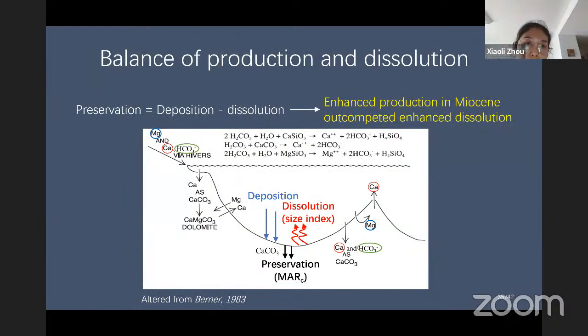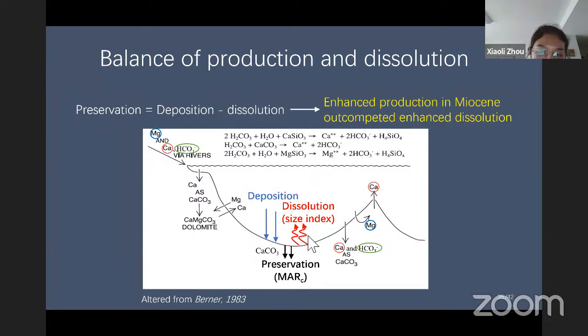Okay, so let's put them together. I have shown you how the preservation or the burial of carbonate has been changing over the last 16 million years, and also how the dissolution has been changing. Because what we preserve on the seafloor comes from what is deposited from the top, minus what has been dissolved.